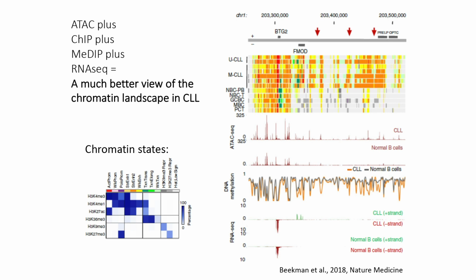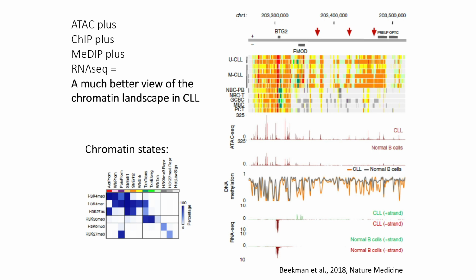so that we can get an average of the histone modification landscape. So if we look at the unmutated CLL, that once again is the more aggressive form of CLL, versus the mutated CLL versus normal blood cells from healthy donors, we can see several loci that look completely different in the disease state versus the healthy state.